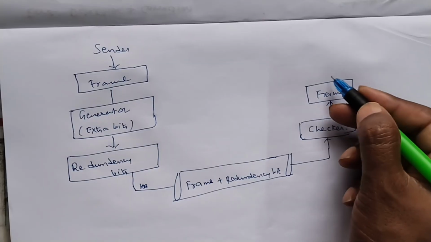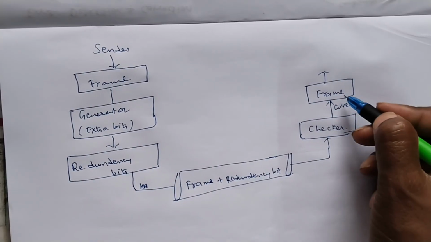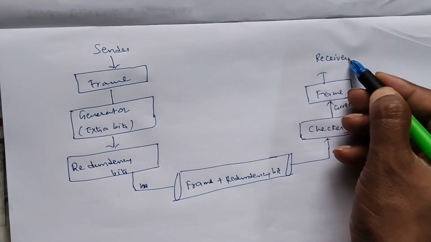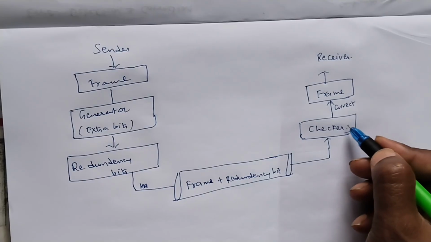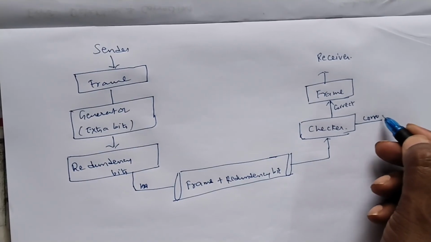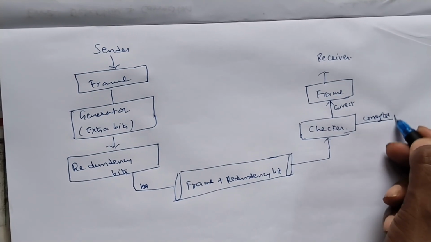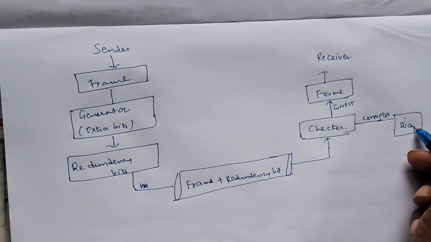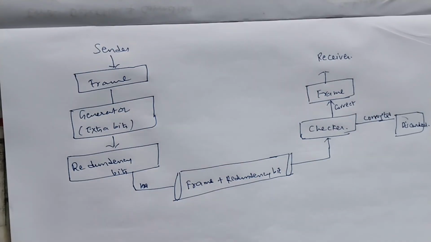The redundancy bits will be removed, and the frame will be sent to the receiver. Suppose the checker finds some errors, meaning corrupted bits. Then these bits are discarded.